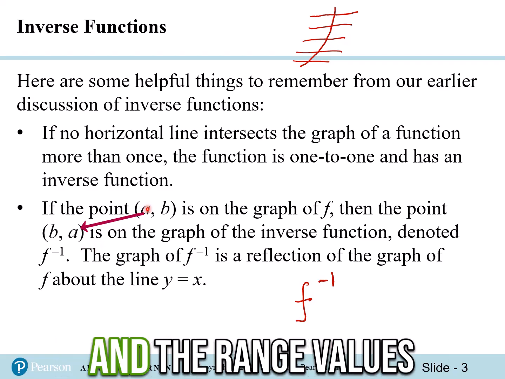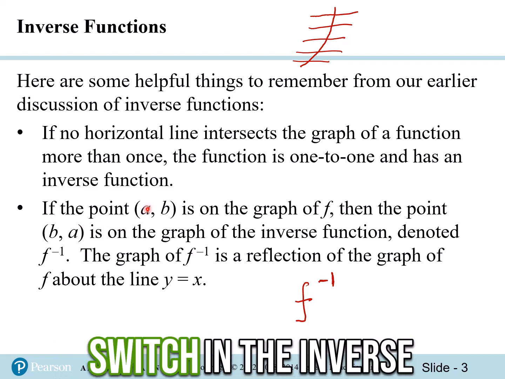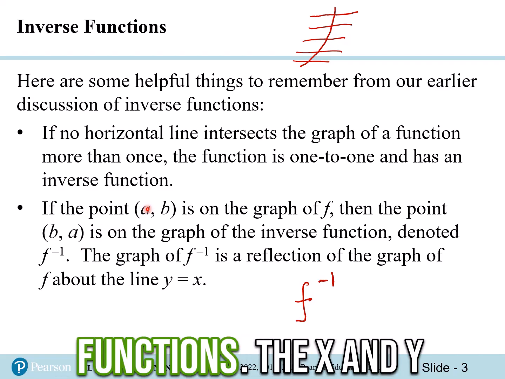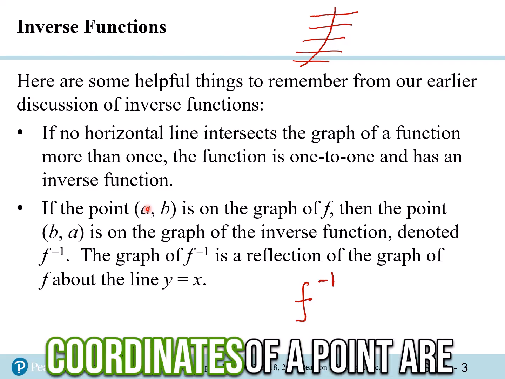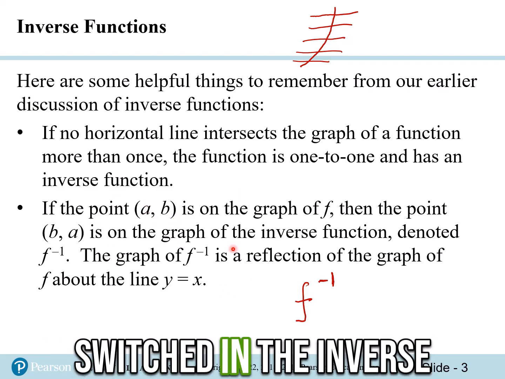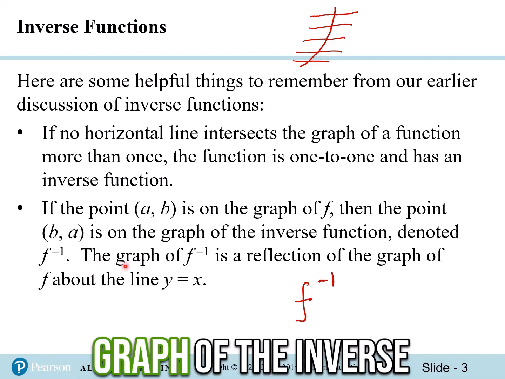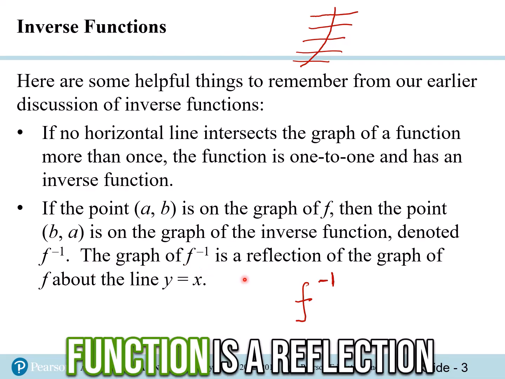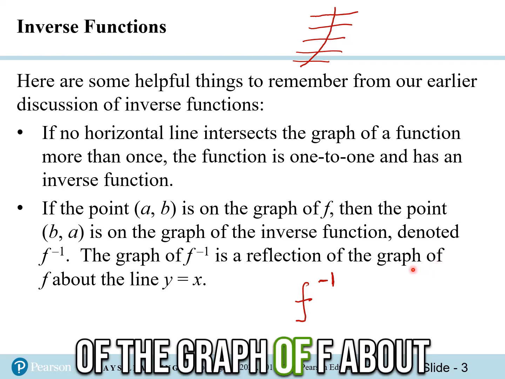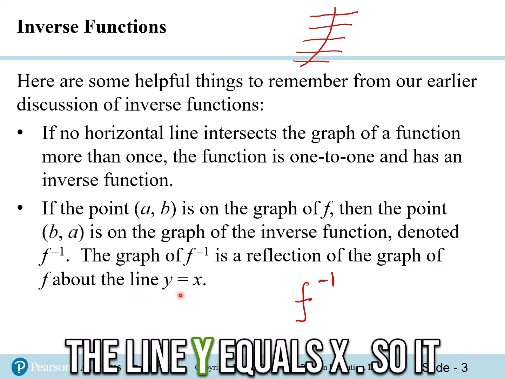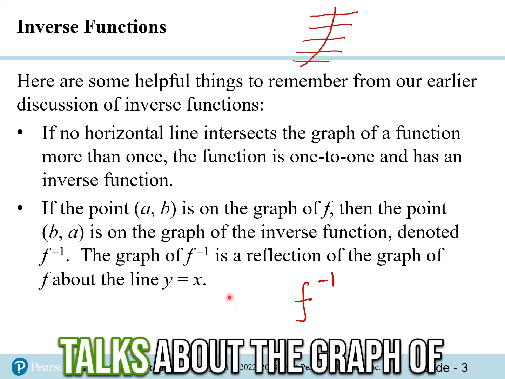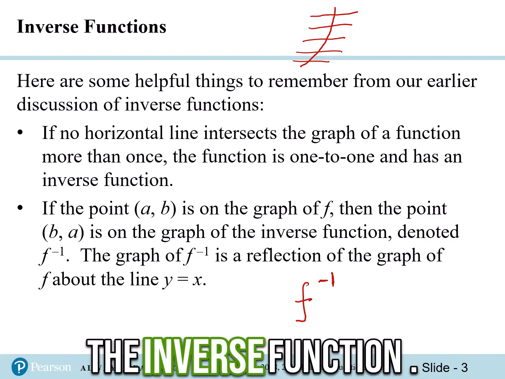So the domain and the range values switch in the inverse function. The x and y coordinates of a point are switched in the inverse function. And then here at the end, they say the graph of the inverse function is a reflection of the graph of f about the line y equals x.